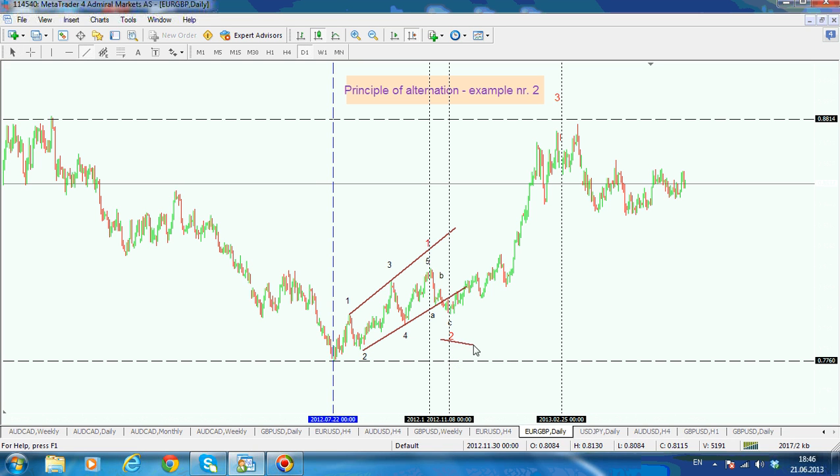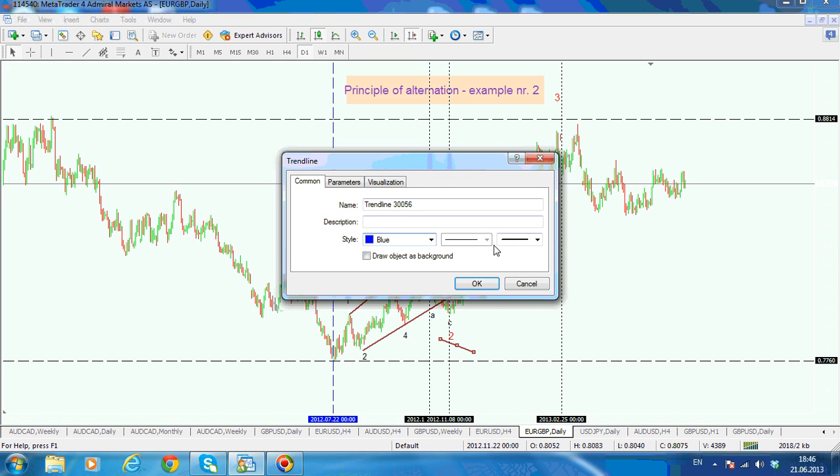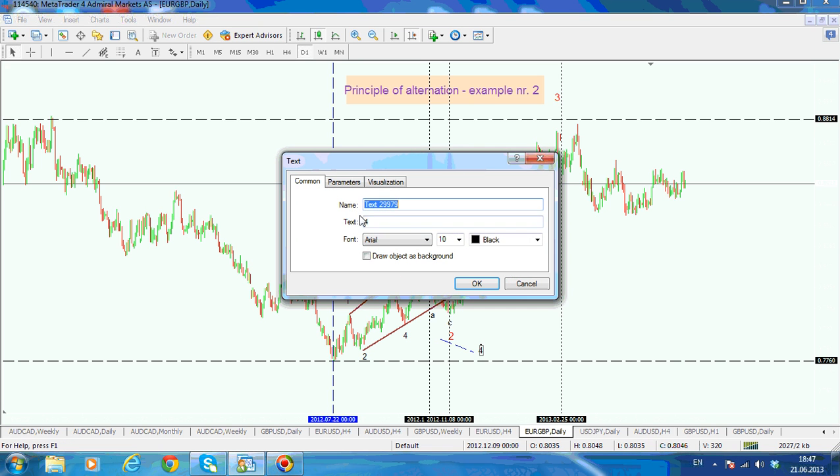Let's write here: this is a zigzag for the second wave, red.